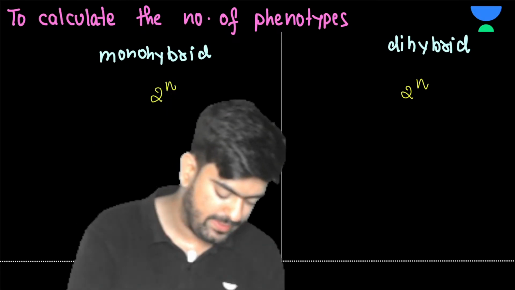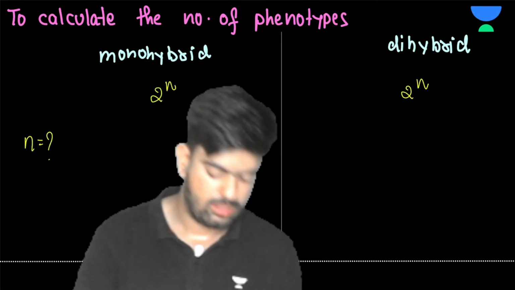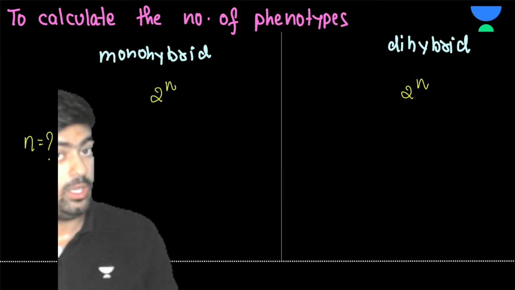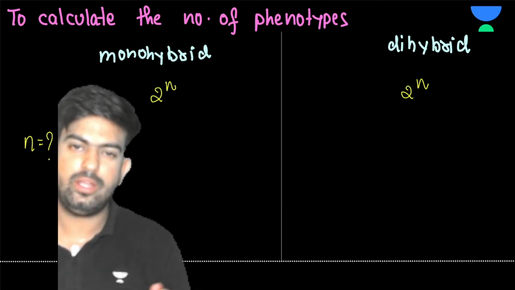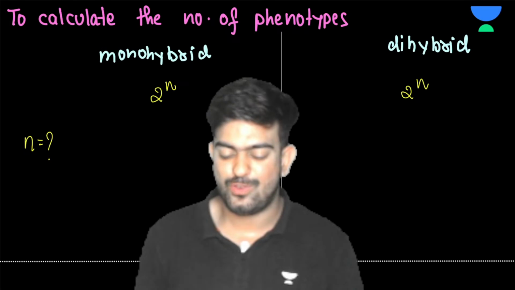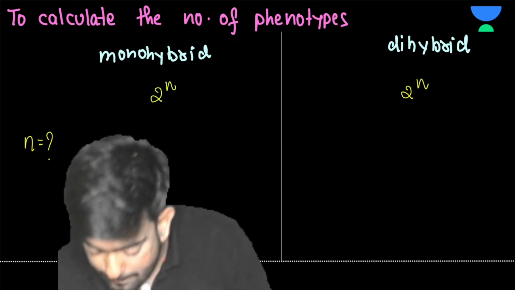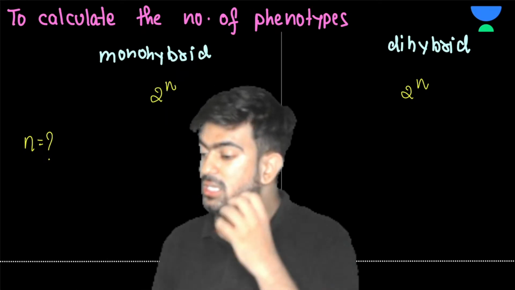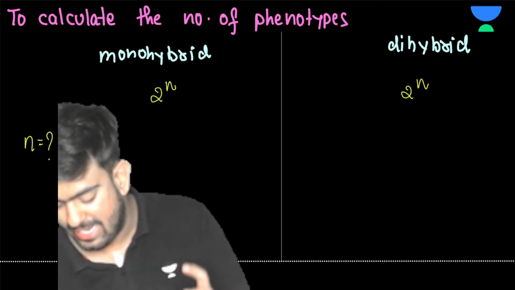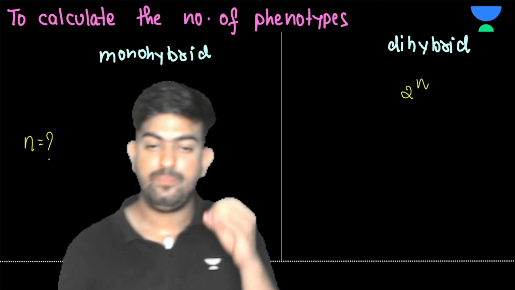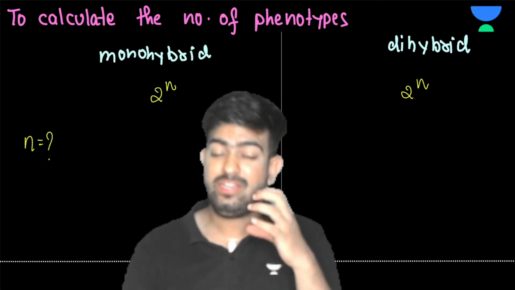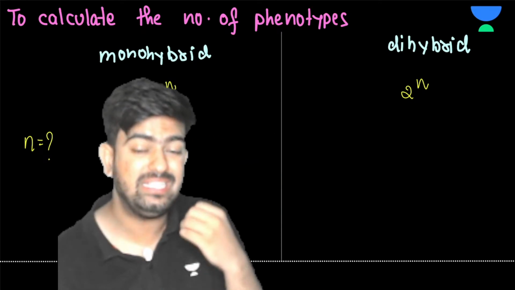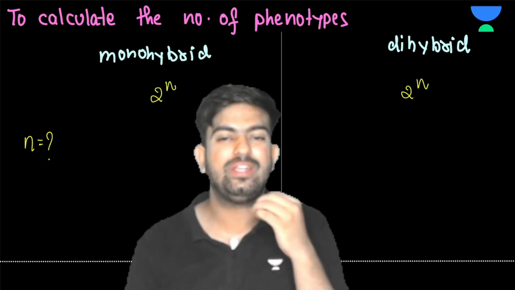N is not equal to nest here. N is basically the number of, or I should say the types of the phenotype. N is the thing which is going to give us the types of the phenotype. So sir, what is n?